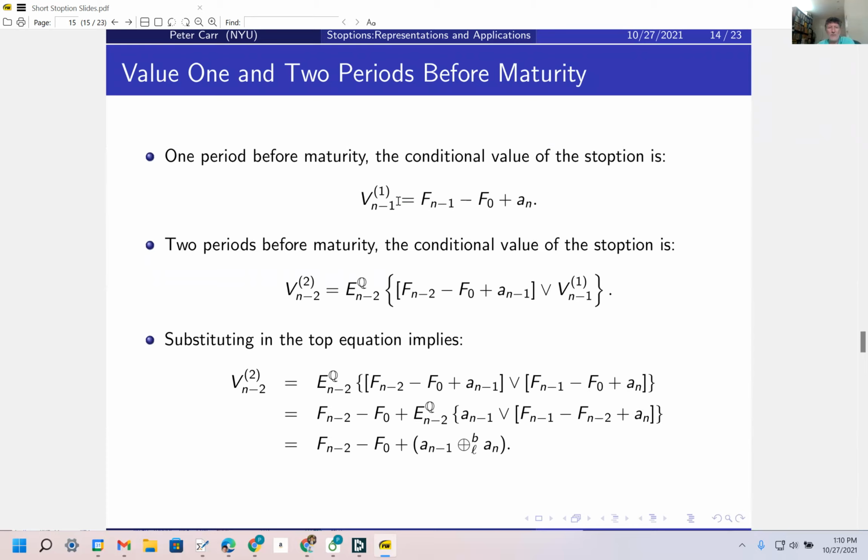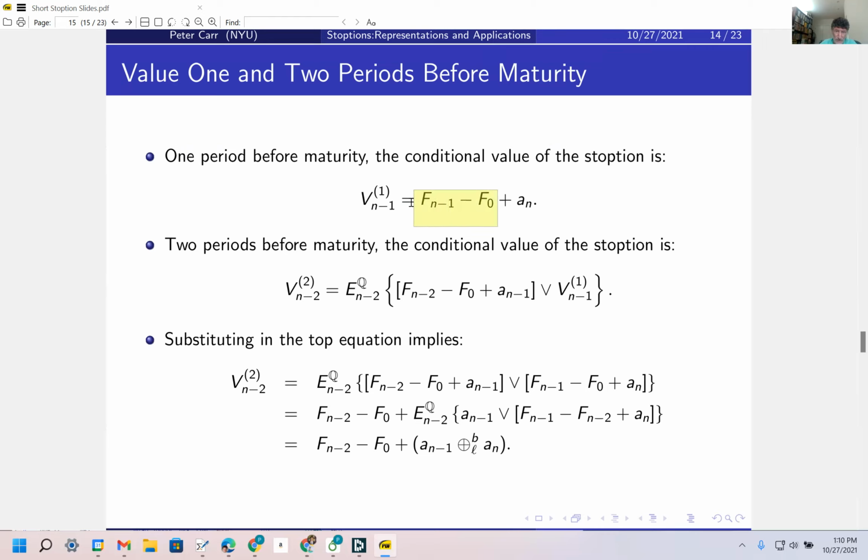We're going to start this dynamic programming exercise one period before maturity, as opposed to at maturity. You have this stoption, and you've probably forgotten what the payoffs are, but basically the way to think about it is you can swap a future price change for a constant, and you have to swap one of them. So if you put yourself one period before maturity, then there's only one remaining futures price change, which is F_{n-1}, and you basically have to swap that for A_n.